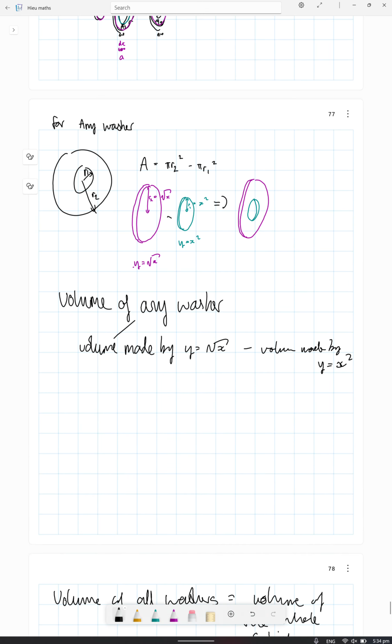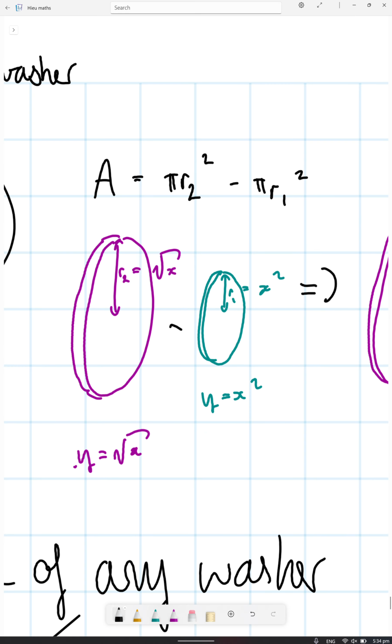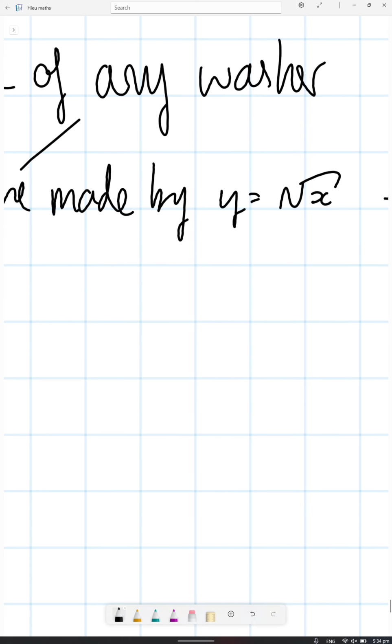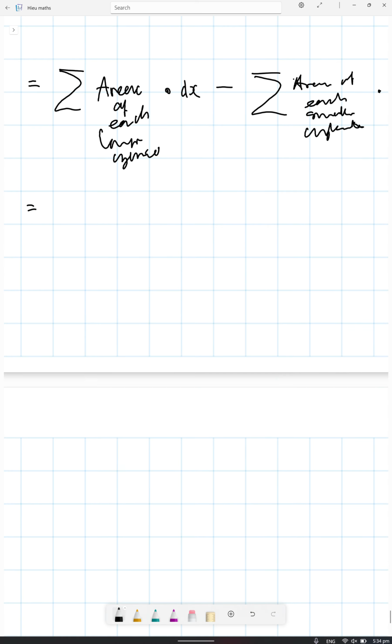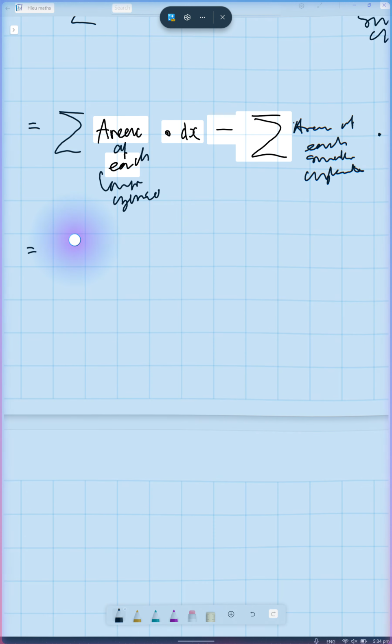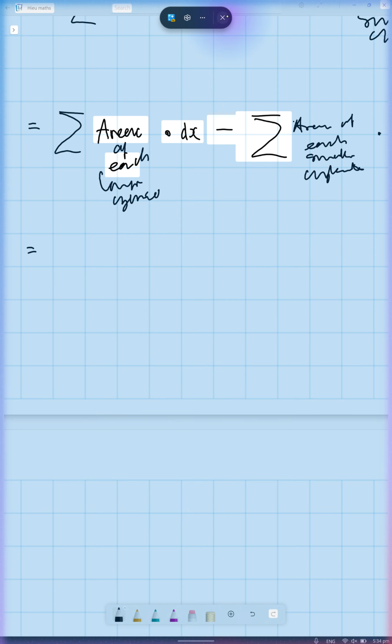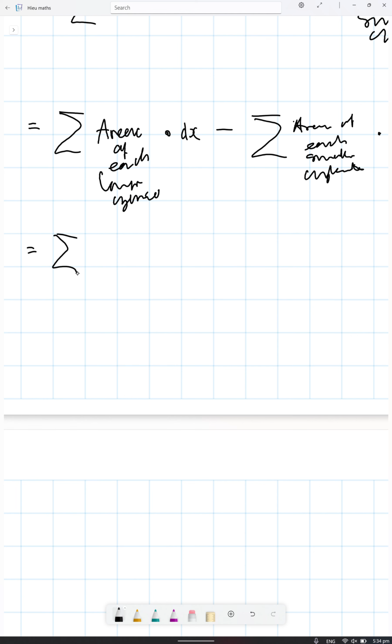So where was I? The cylinder, the radius here is each. Remember that the area of each one is just the summation of pi multiplied by r2 squared, because that's the larger one, times dx, minus the summation of pi multiplied by r1 squared dx, right?